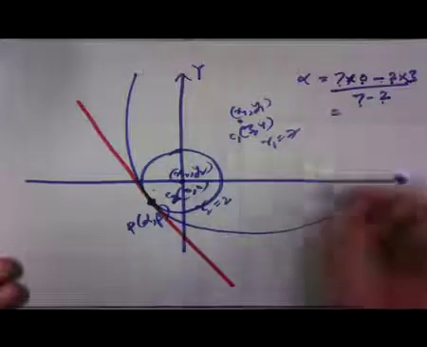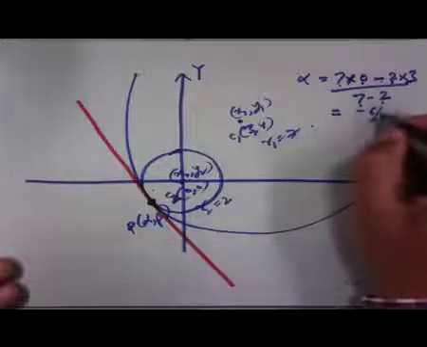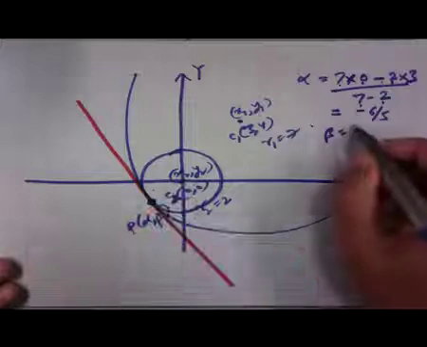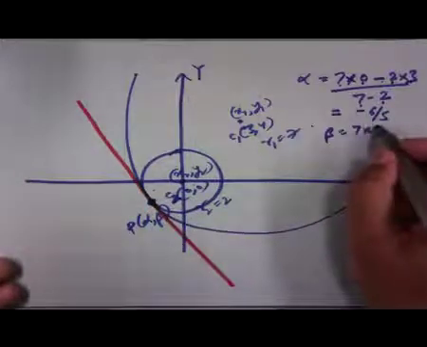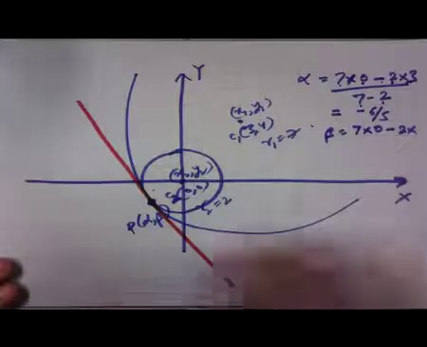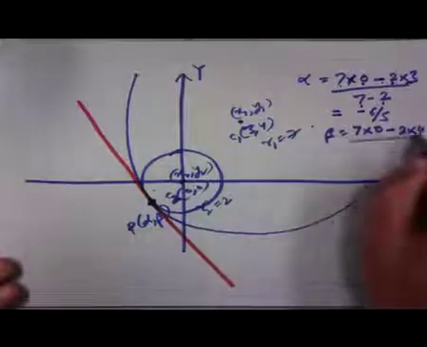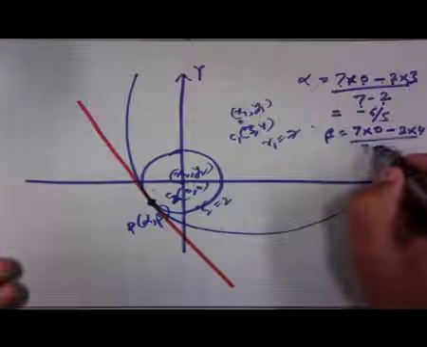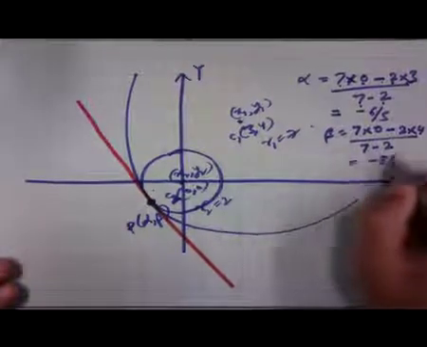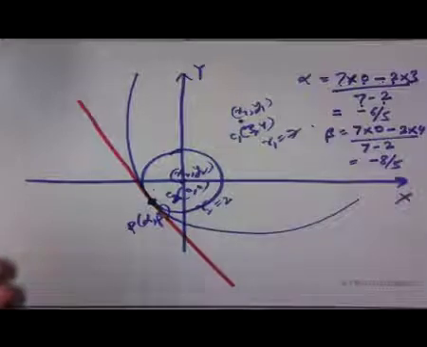Here x2, y2 are both 0, and this is x1, y1. So, 7 times 0 minus 2 times 3, by 5, comes out to be minus 6 by 5, and the y coordinate of this point will be (R1 times y2 minus R2 times y1) by (R1 minus R2), which is minus 8 by 5.